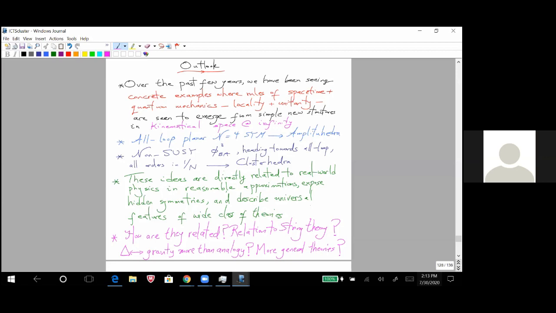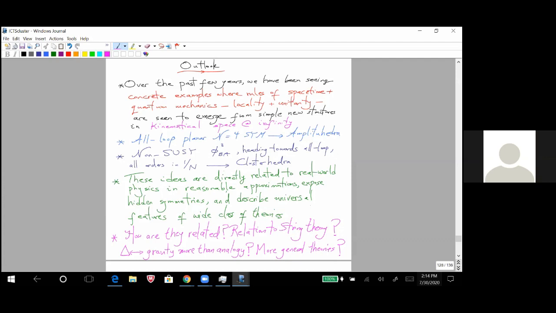Now we've talked about it in the context of these non-supersymmetric theories through two loops, some all-loop cuts, some double trace contributions, some non-planar vacuum things, and so on. So we're still building up the understanding of what it is, but I think it's heading towards the all-loop, all-orders story with these Clusterhedra.